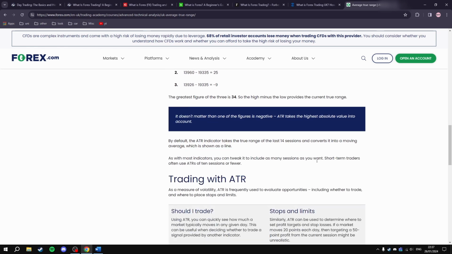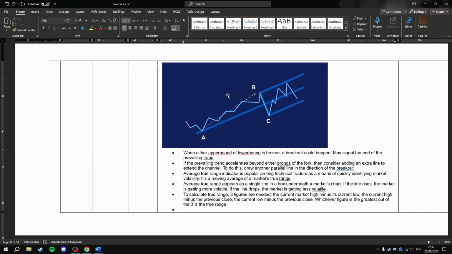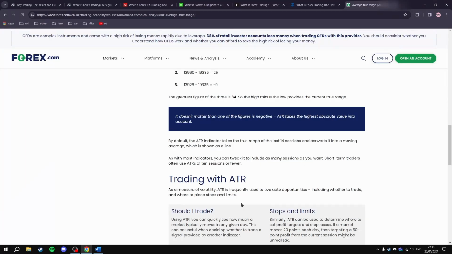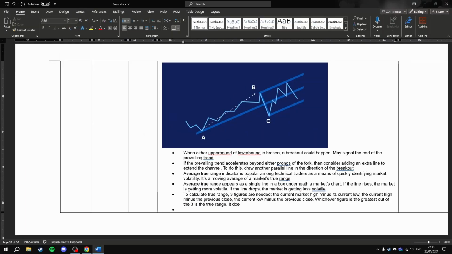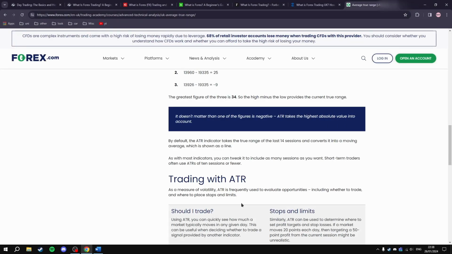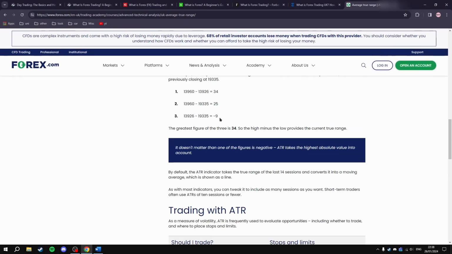It doesn't matter that one of the figures is negative. ATR takes the highest absolute value into account. So if that was minus 50, then the true range would be 50.